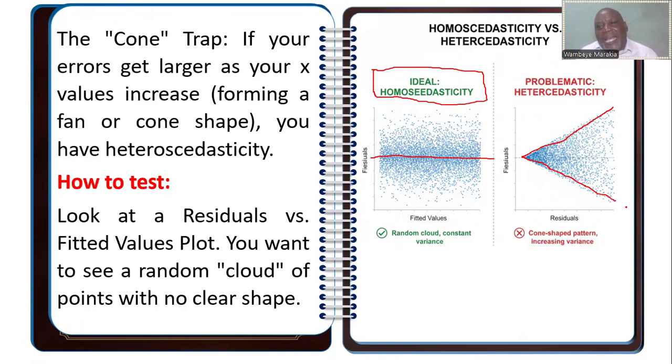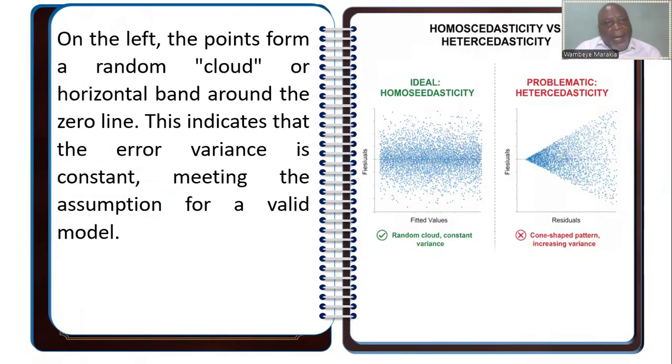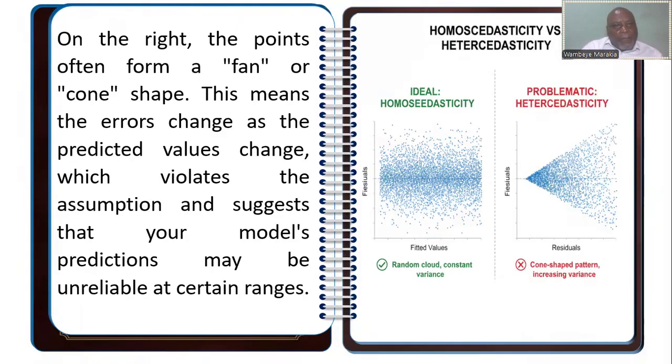You have produced heteroscedasticity. And when the data produces heteroscedasticity instead of homoscedasticity, then you have violated this assumption. I've already explained that.